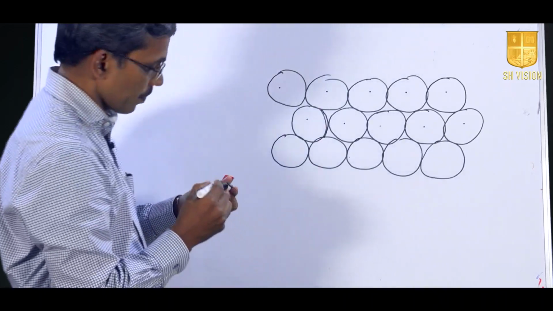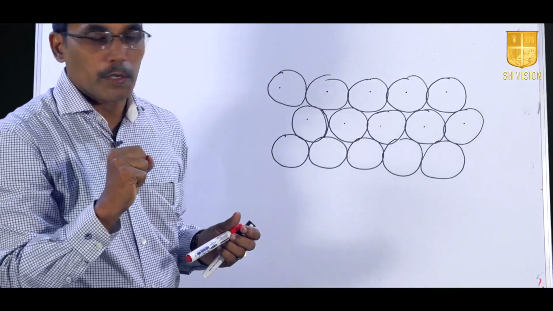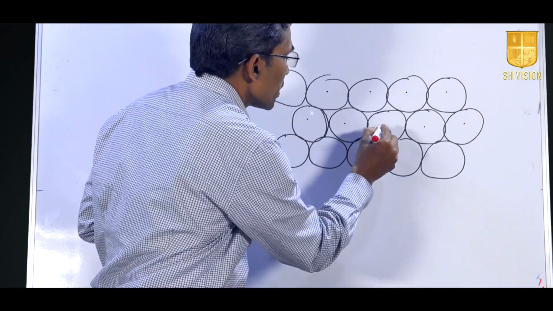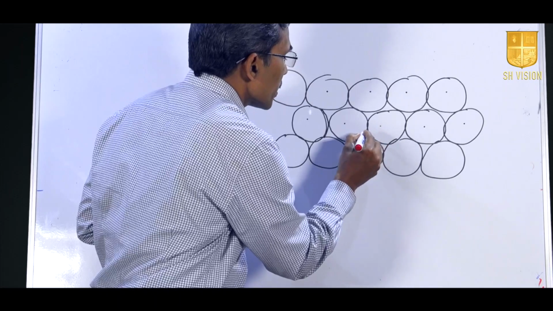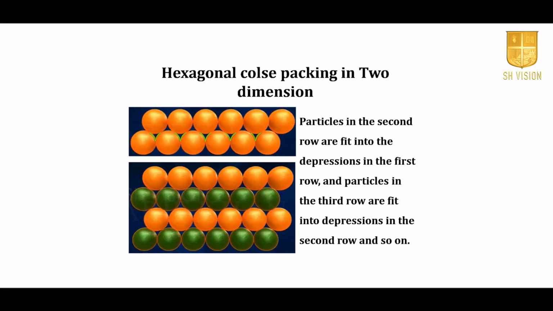So, in this packing, this is a tight packing and maximum space will be occupied. The point where these 3 particles are in contact and there is some empty space is called a void. It has the shape of a triangle, and this void is called a triangular void.